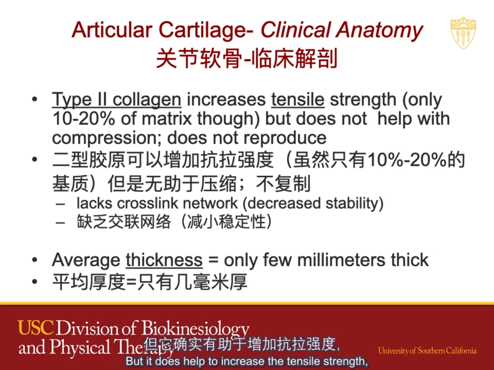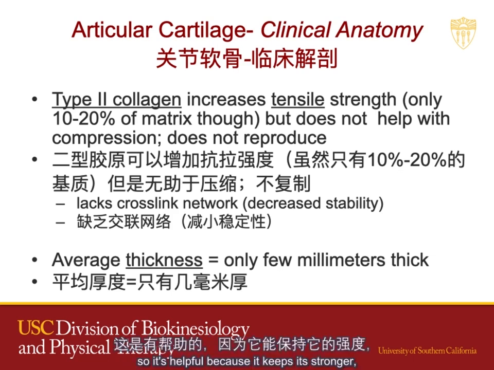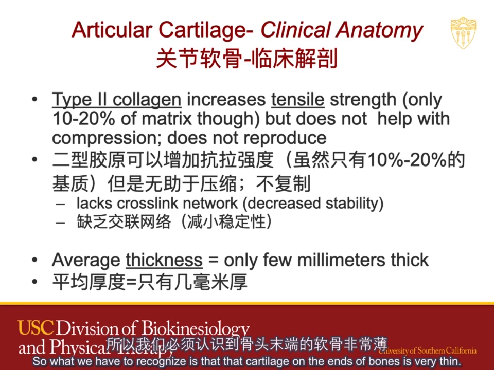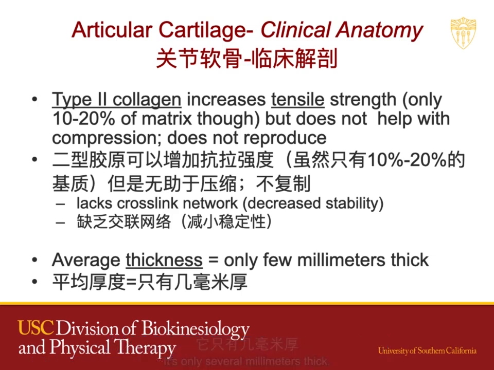But it does help to increase the tensile strength. So it's helpful because it keeps it stronger, but it doesn't allow for a huge amount of the matrix. So what we have to recognize is that cartilage on the ends of bones is very thin. It's only several millimeters thick.